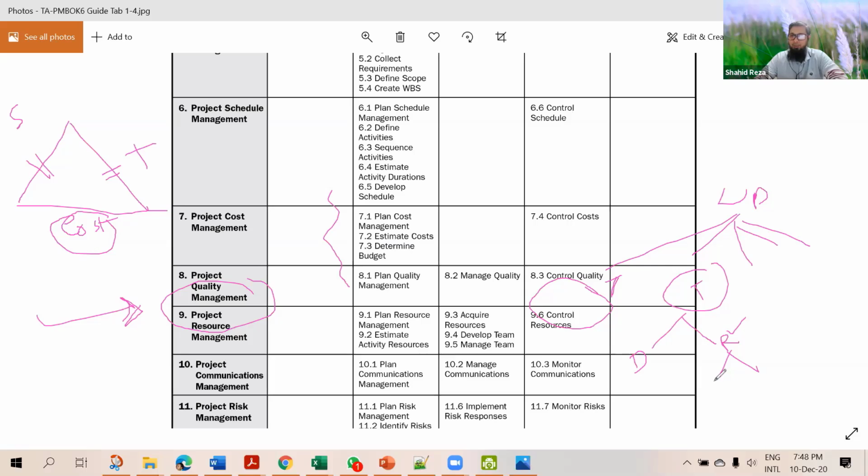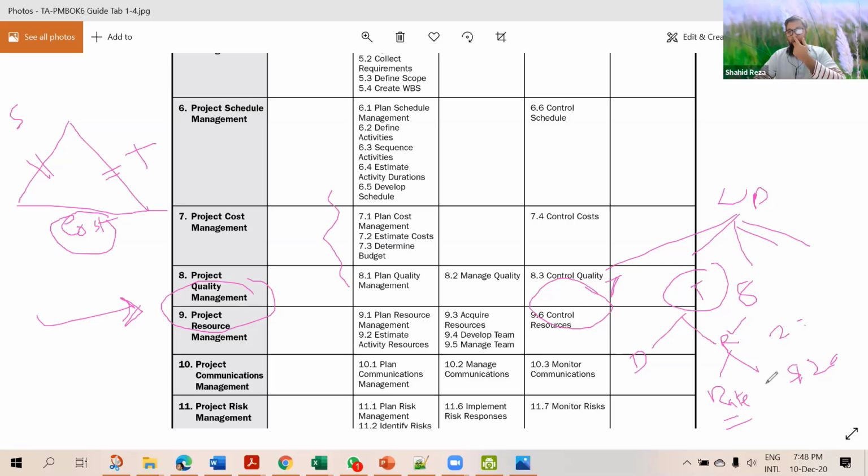So if you know the rate of the resources, then we can easily calculate. For example, if this task takes 8 hours to complete and two people will work here to complete this task, and resource 1 and resource 2 both have, say, $20 per hour cost.